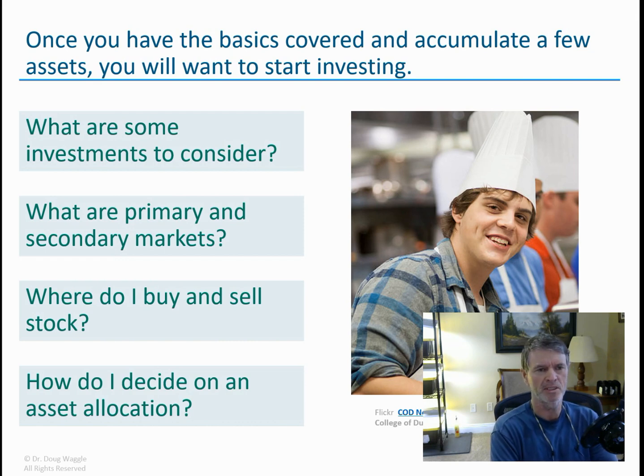Before we get to those additional topics next week and beyond, we're going to talk about primary and secondary markets. What are those? What do they mean to us? We'll talk about what you need to do to buy and sell stock, and then we'll finish up this section by talking a little bit about asset allocation.